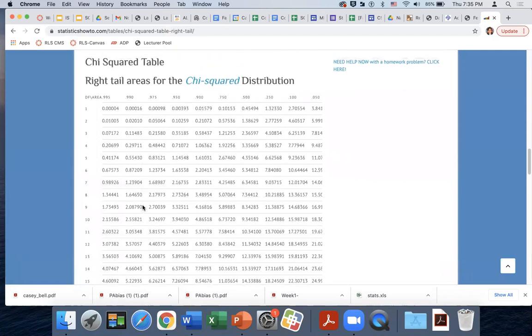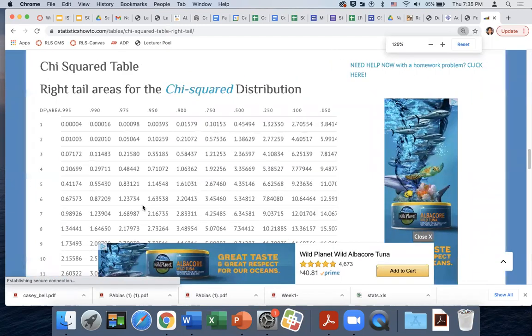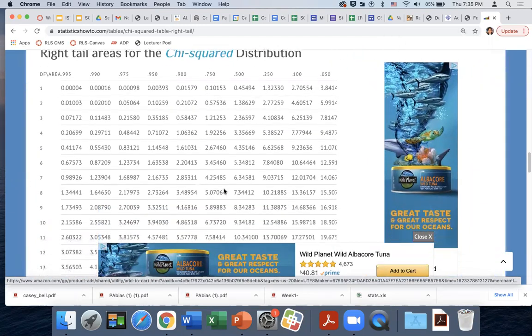For example, you're going to learn chi-squared this week, right? So this is a critical value table. You'll see that this is DF, which means degree of freedom. It really is related to the sample size.